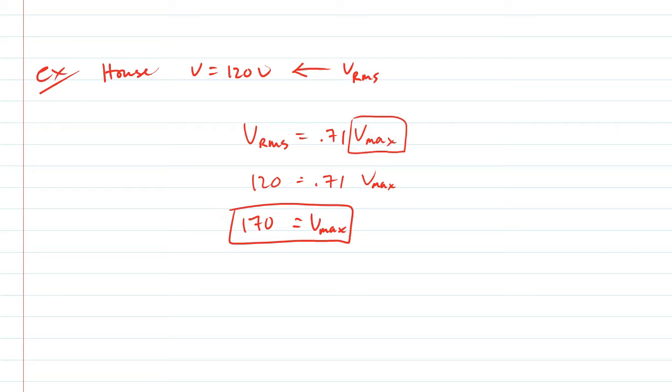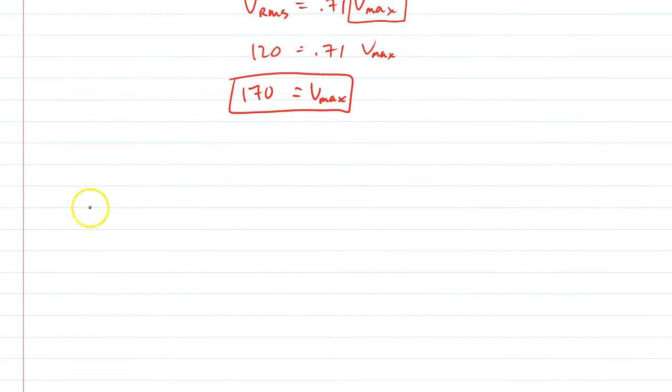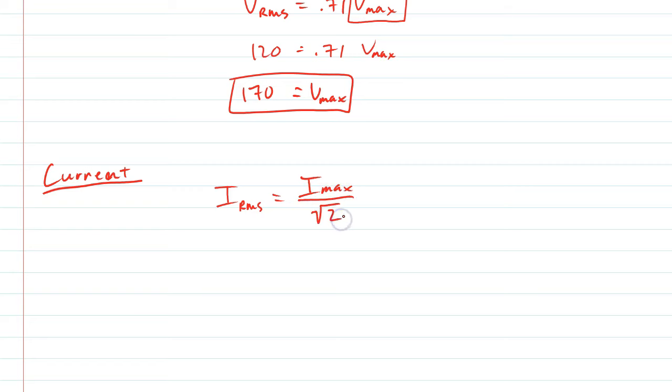Okay, now something to note here. It's the same exact thing with current. Remember that current is in phase with the voltage here. And if you want the root mean square of the current, you're going to take the max current and divide by root 2.